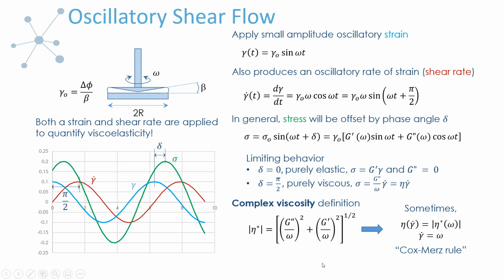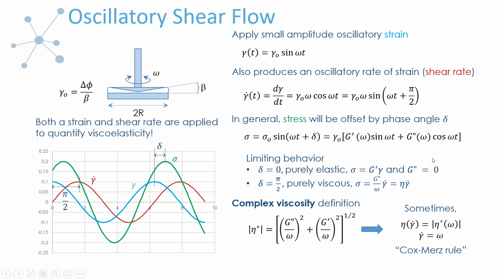The final point I want to make after all of this is what is referred to as a complex viscosity, which is defined as follows. It's a combination of the two moduli. The reason I wanted to bring this up is because it's very interesting in terms of experimental convenience.